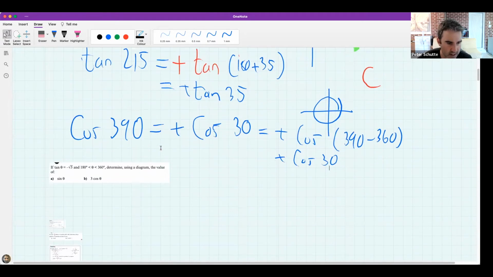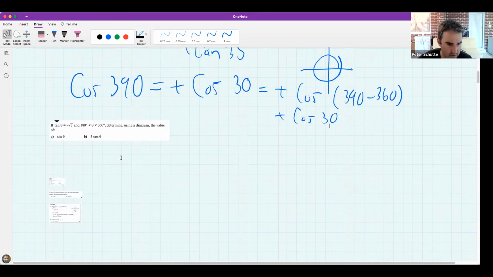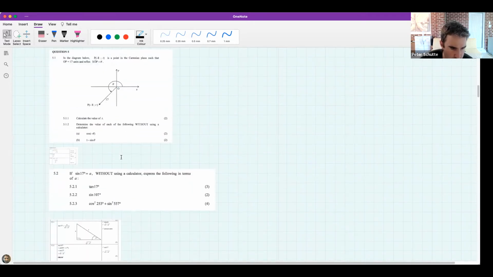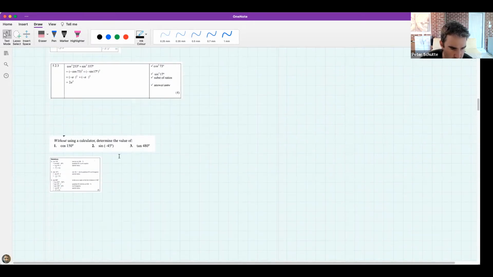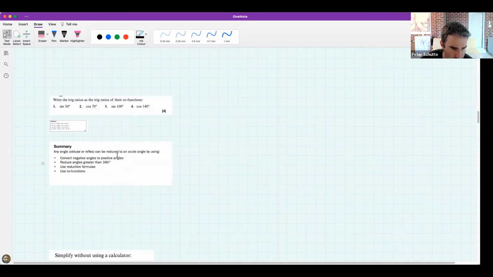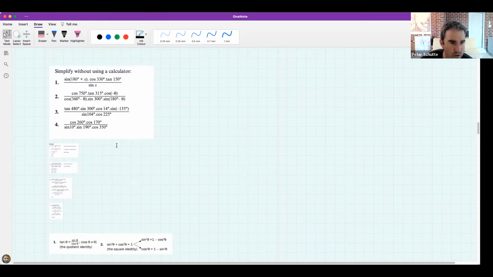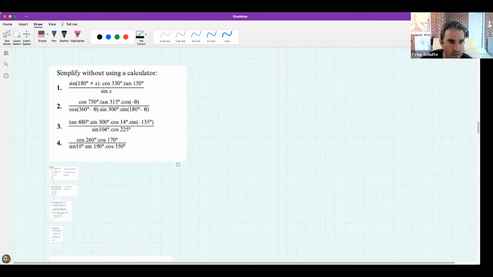Let's look at an exam question that's a bit like this to help us. Let's look for an exam question where I can show you how this gets tested together. It says simplify without using your calculator.